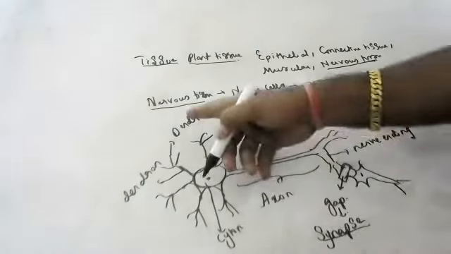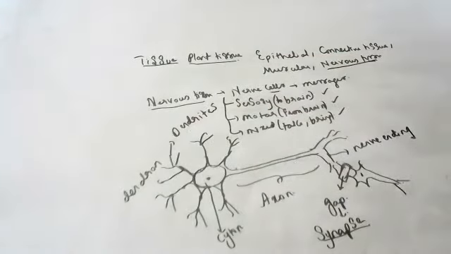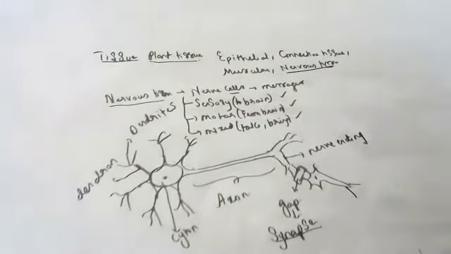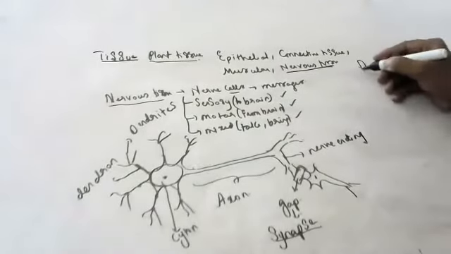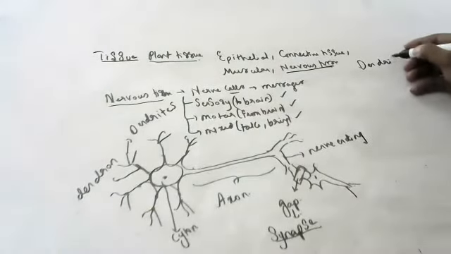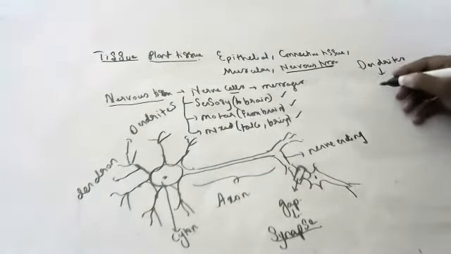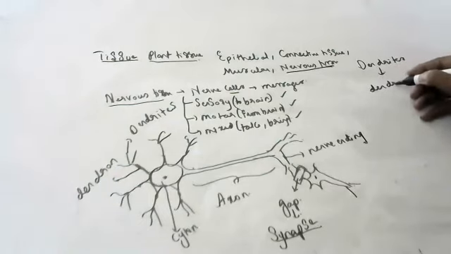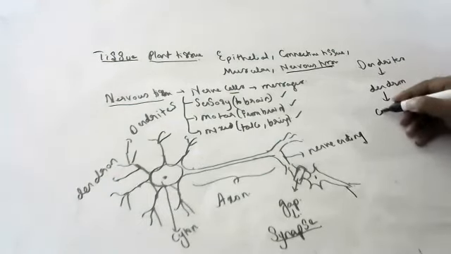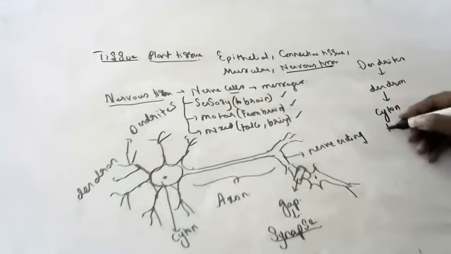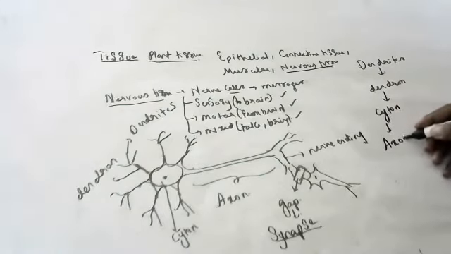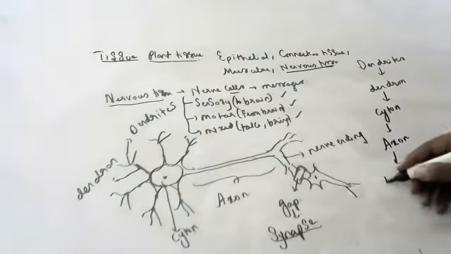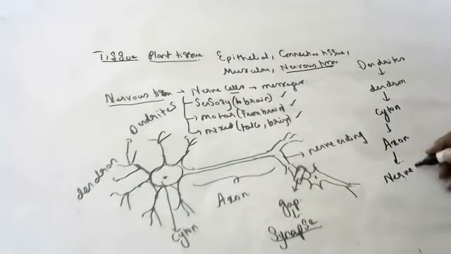Okay, children. I'm writing the parts again. Try to learn, very, very important for 9th class and 10th class also. First it begins with dendrites, hair-like structures. Then it comes to dendrons. Then all dendrons enter into the cyton. From the cyton, it goes to the long body, the axon. The axon ends into nerve endings.